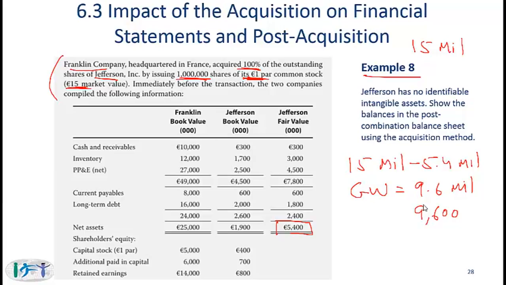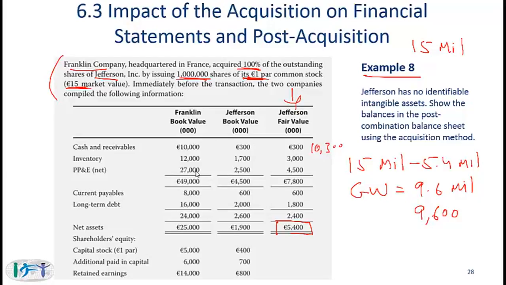Now let's take a look at the balance sheet of the consolidated company. Remember that assets and liabilities are based on the fair value of the assets and liabilities of the acquired company. What happens to cash? Franklin is 10,000. And then the fair value from Jefferson is 300. So the value of cash will be 10,300. Inventory is going to be 12,000 plus 3,000, which is 15,000.